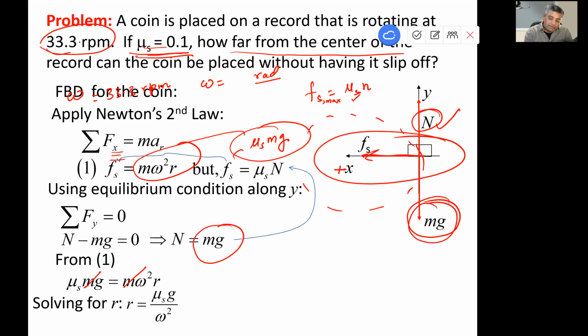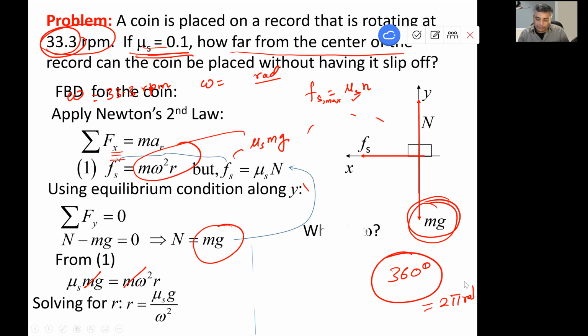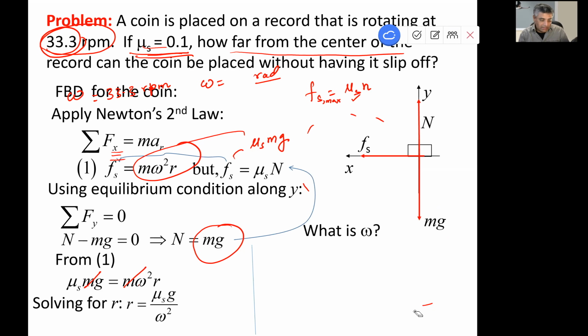We need to convert this revolution per minute to radian per second. So revolution and radian, how are they related? One revolution is 360 degrees, or 2 pi radians. So we can replace revolution by 2 pi. That's what I'm showing you here, how to do it.